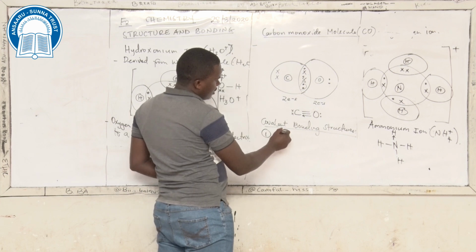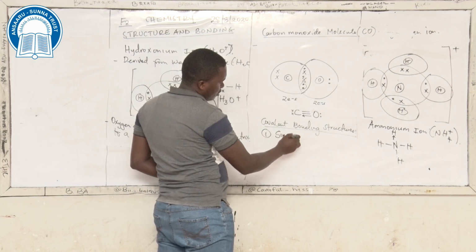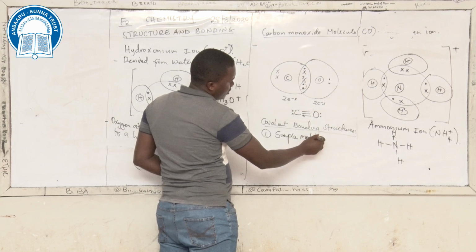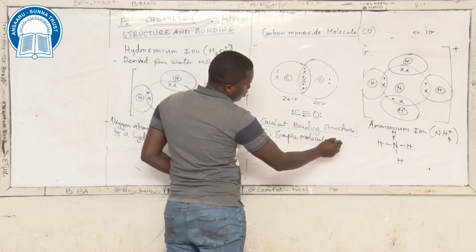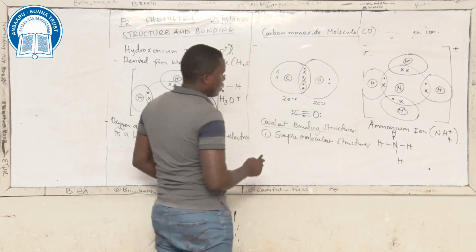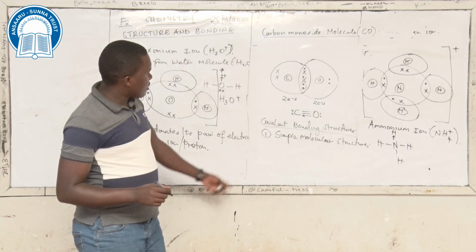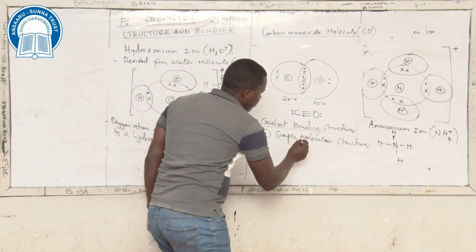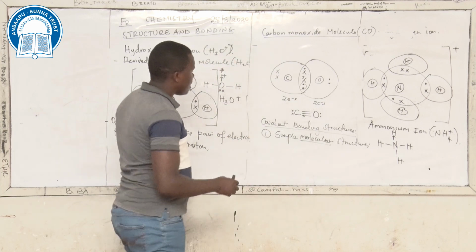One is called simple molecular structures. This one is common in molecules, from the name, simple molecular structures.